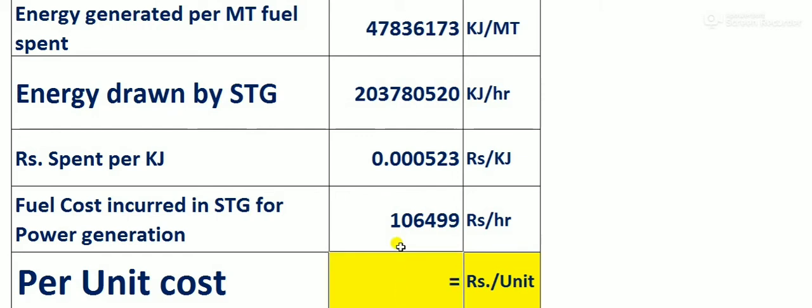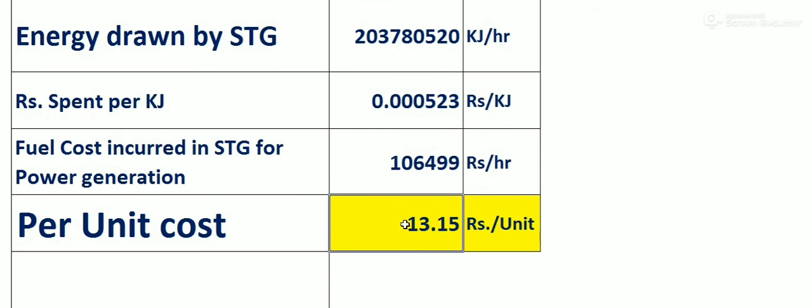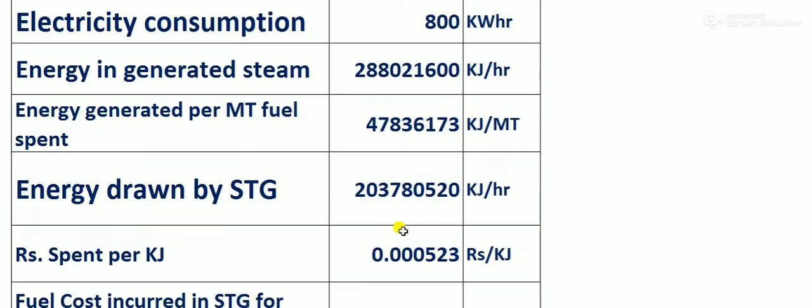This rupees per hour divided by 8900 minus 800 kilowatt, which is the self consumption. So 13.15 is the cost of the power we are producing. Like this we want to calculate the power cost for the STG.